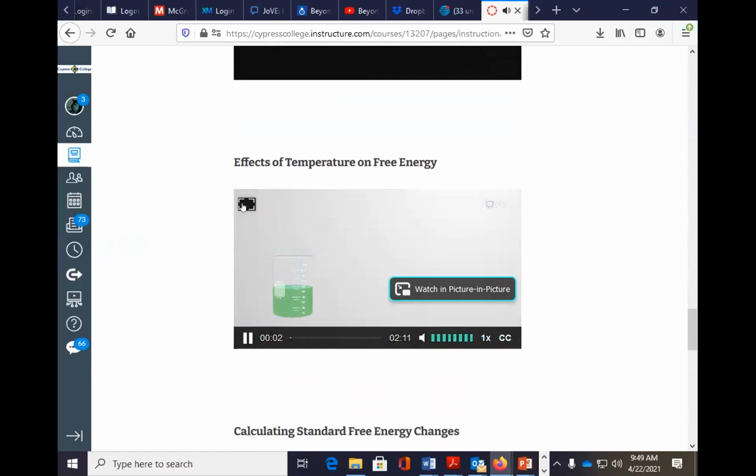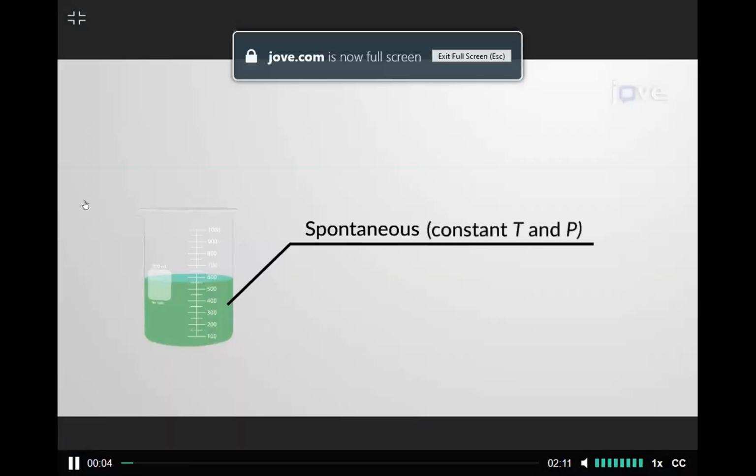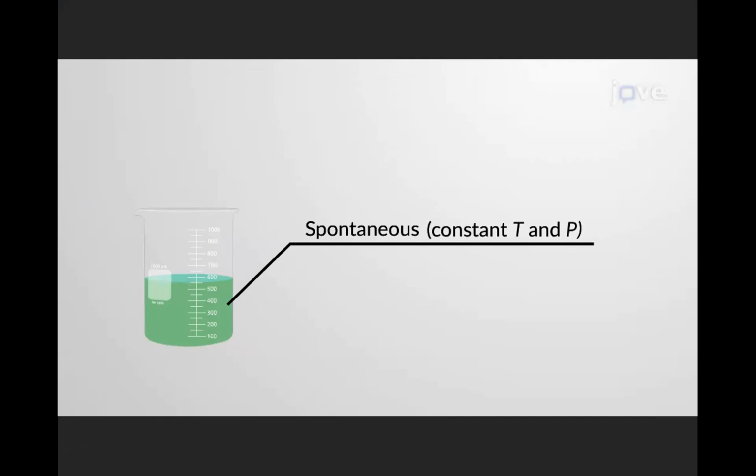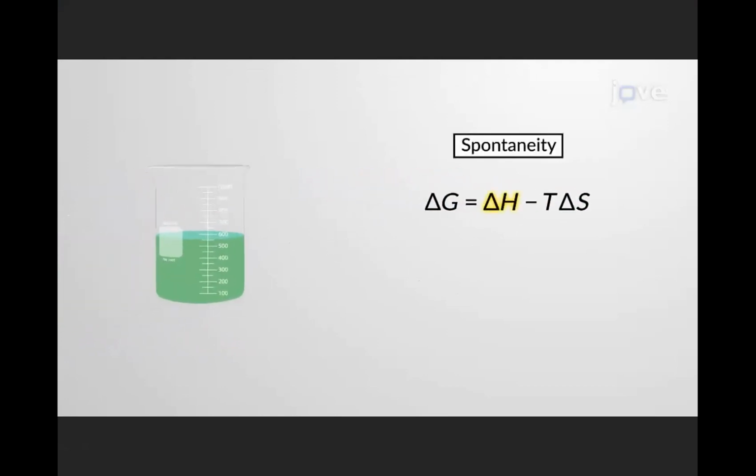For a reaction to be spontaneous at constant temperature and pressure, the change in Gibbs free energy, delta G, must be less than 0. The sign of delta G depends on the signs and relative values of enthalpy, entropy, and temperature. Enthalpy favors spontaneity when the reaction releases heat to the surroundings, while entropy favors spontaneity when there is more disorder in the system.